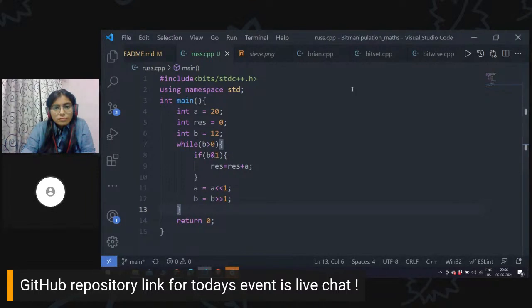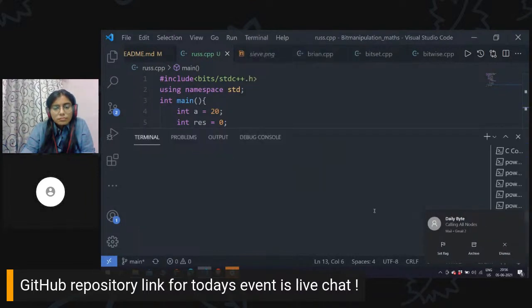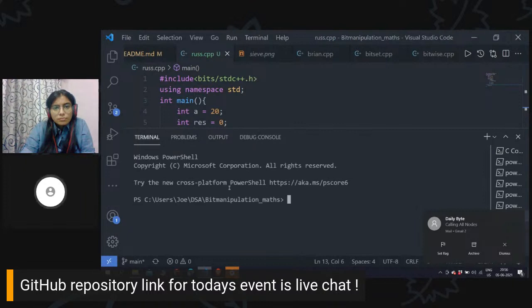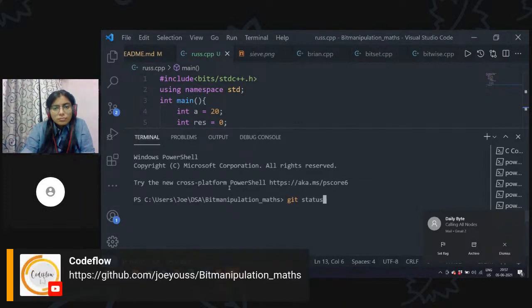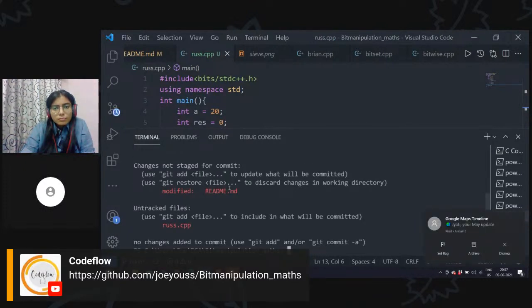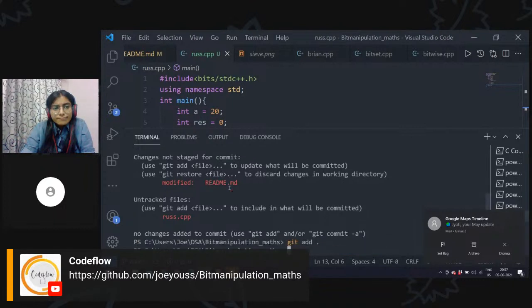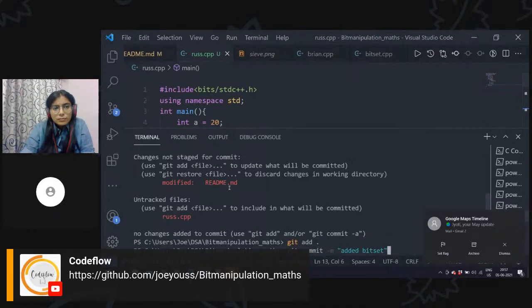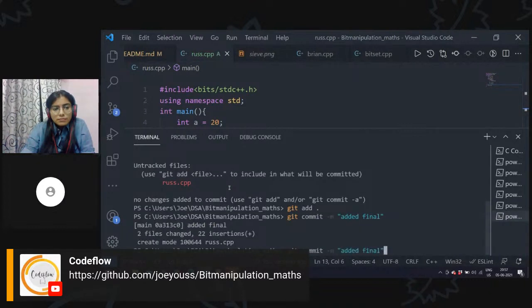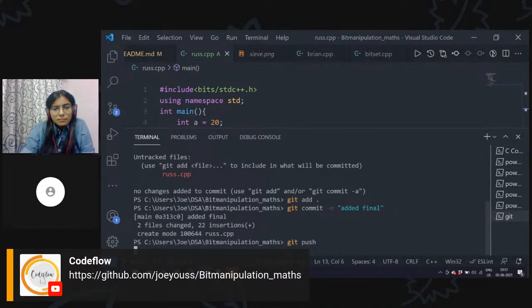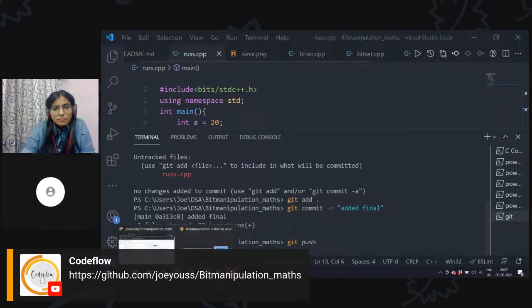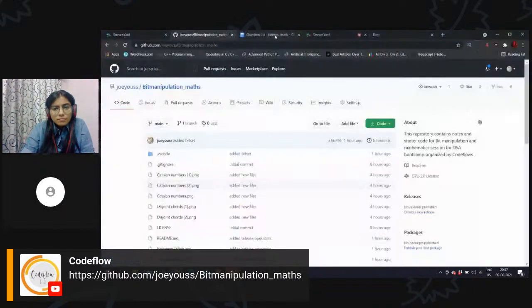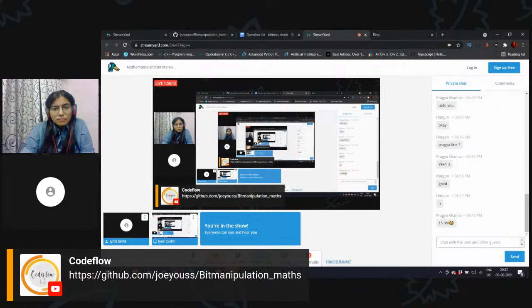So I'll just push it to the terminal itself so you can see it over there. And I'll find it. Okay.